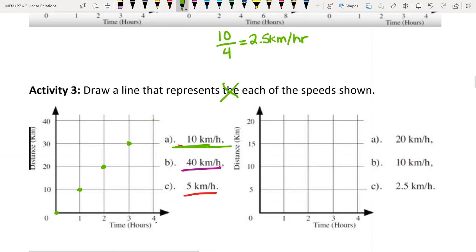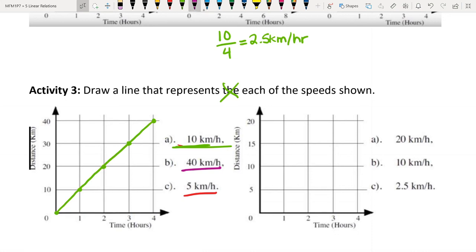At 4 hours, 40 kilometers away. Each hour they're driving 10 kilometers, and so I can do the number of hours times 10, and that gives me how far away they're going to be. So my first line is like this.